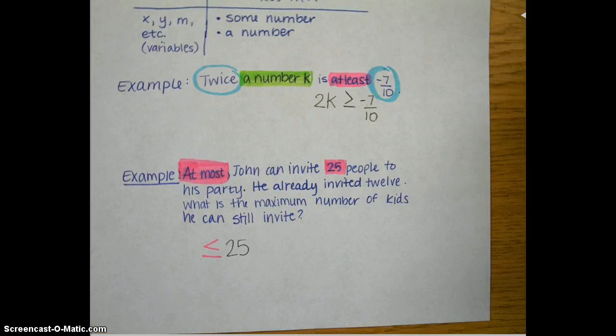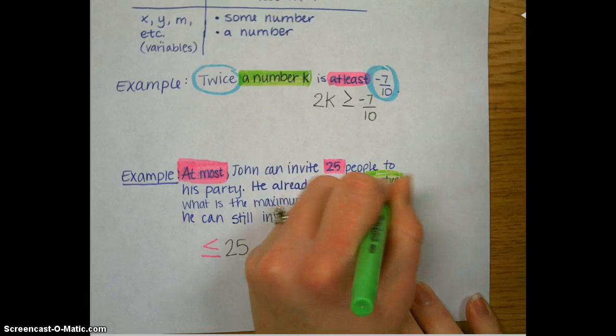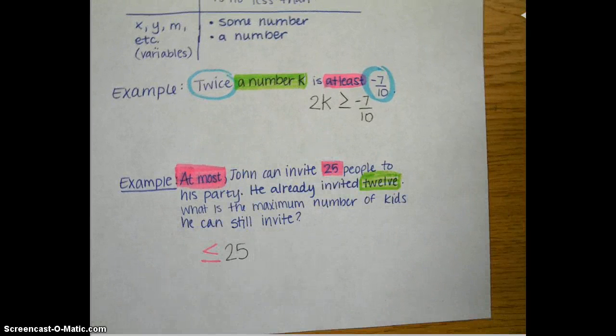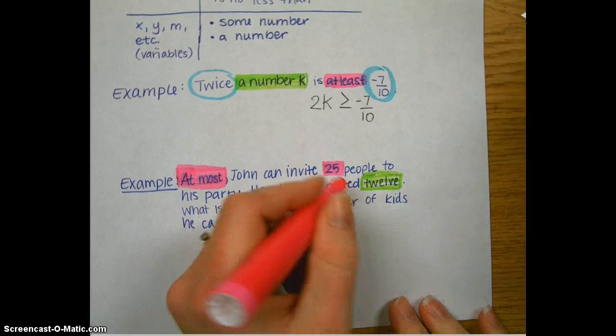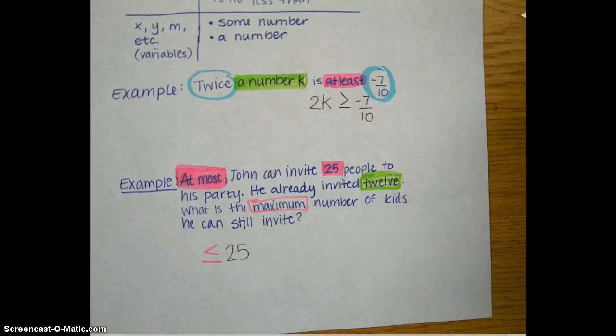He already invited 12, so 12 is somehow going to be in that problem. And then it says, what is the maximum number? Keep in mind, maximum was also a keyword for less than or equal to. So they gave you 2 hints that he can still invite.